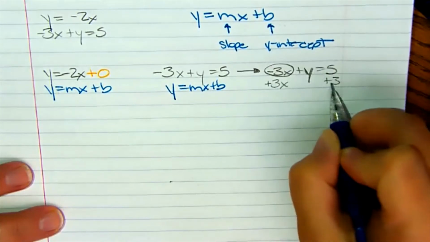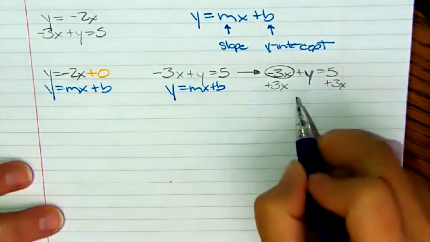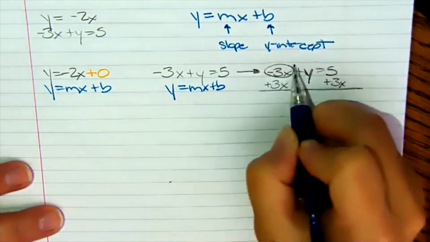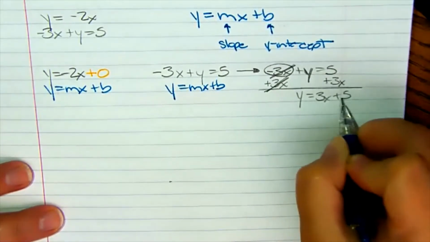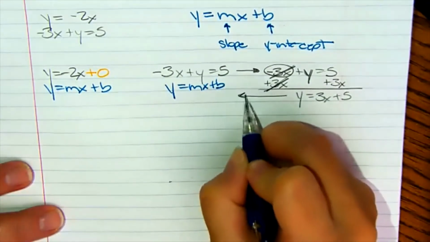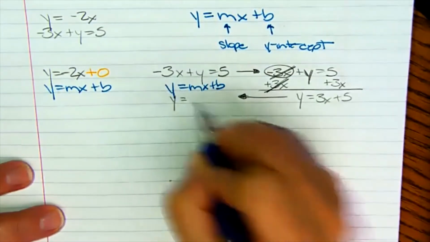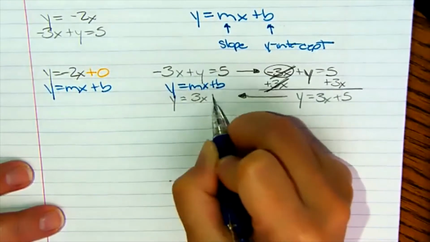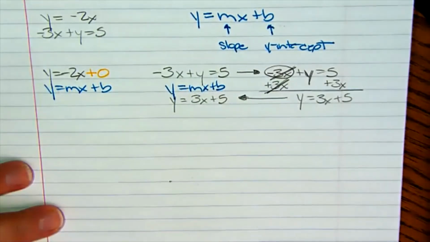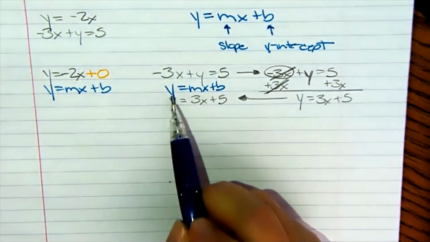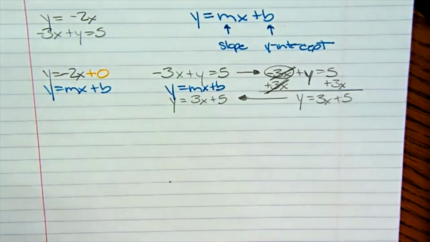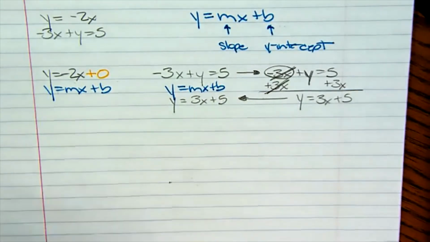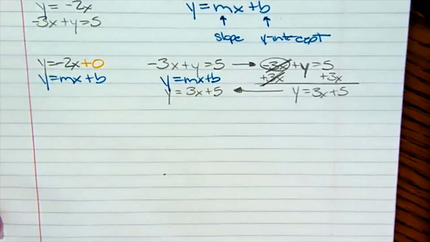What I do to one side, I must do to the other. So these cancel, and I've got y equals 3x plus 5. Let's slide that on over here. y equals 3x plus 5. Would you look at that? It looks like it is in y equals mx plus b format. Very nice. So now let's graph these guys.